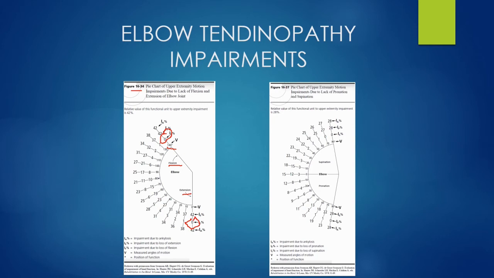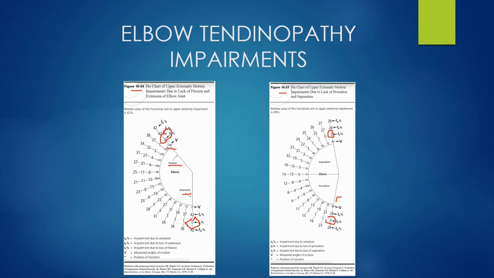Similarly, for pronation and supination, we have Figure 16-37. When we have 80 degrees of supination, that is a 0% impairment rating. When we have 80 degrees of elbow pronation, that is a 0% impairment.